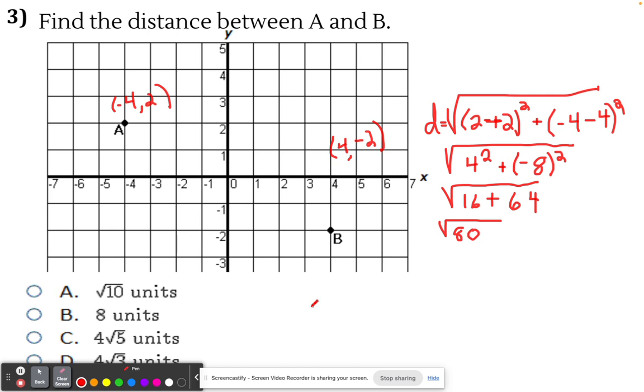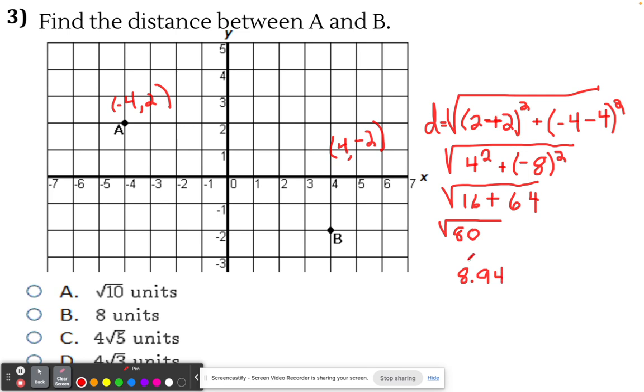We all make those mistakes. It's 8.94, so it's just short of 9, because the square root of 81 is 9.